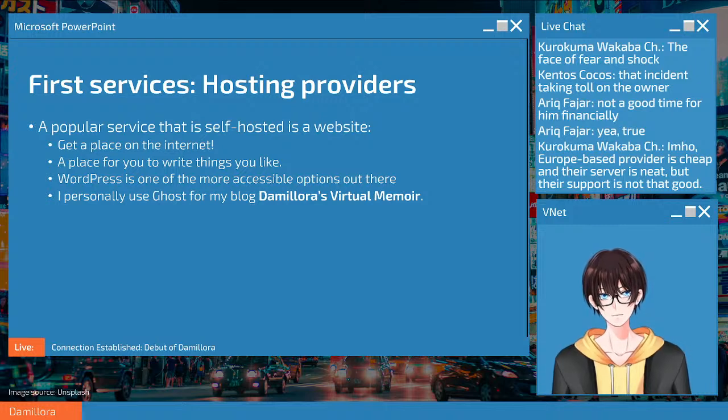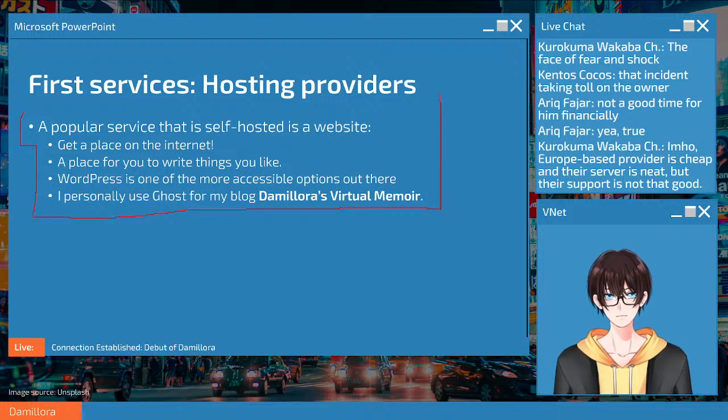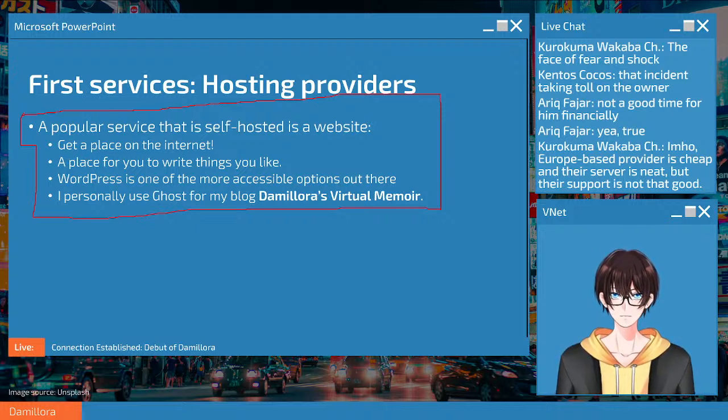However, for my blog, I migrated to Ghost, which is more of a publishing platform. I personally use it because its interface is great, and I was able to design my own theme for the website.